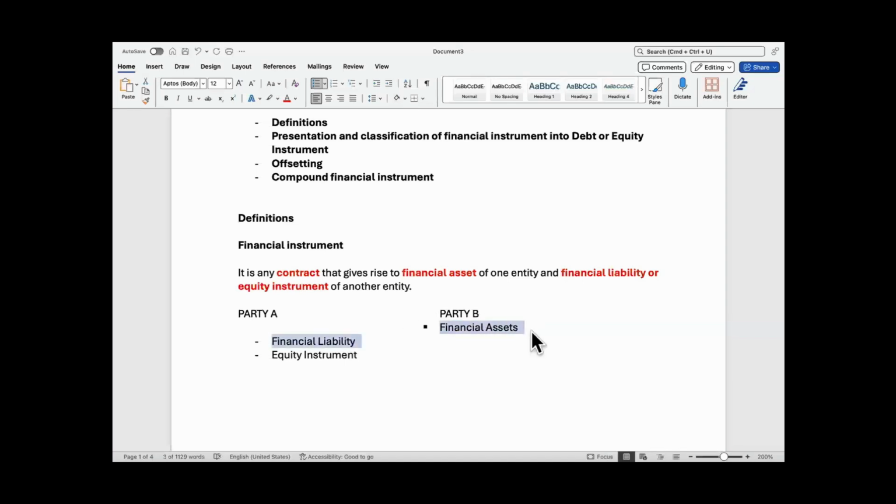If people then buy it, meaning people give money to Dangote, take your money, of course, they will pay the money back with interest. Those investors, they have financial assets. That's a financial instrument contract. That two party is complete.